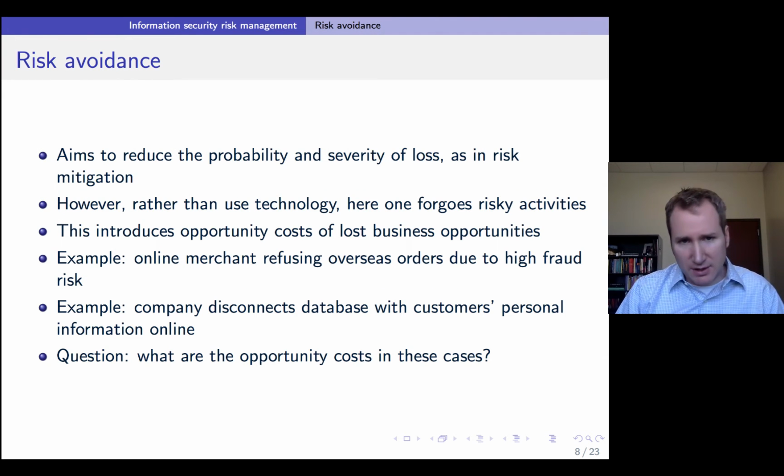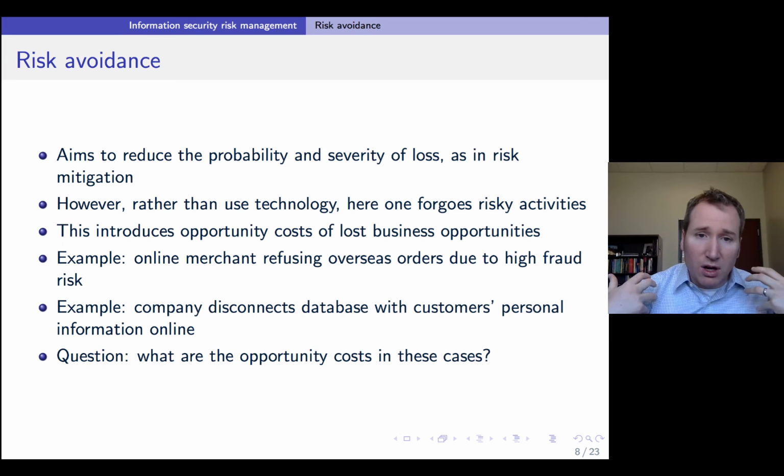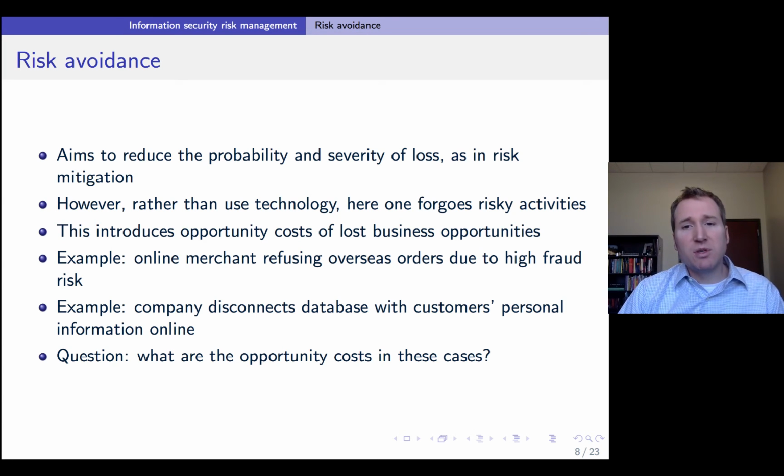So, avoidance. It's related to but different from mitigation. It's also trying to reduce the probability and severity of loss, just like we see with risk mitigation. But unlike in mitigation, where you actually deploy a control or spend money to try to reduce the expected losses, with risk avoidance, you simply forego risky activities.